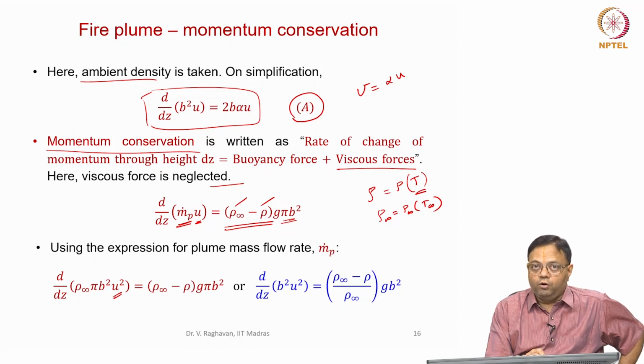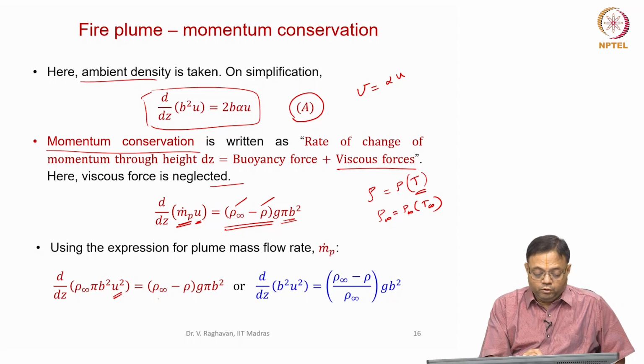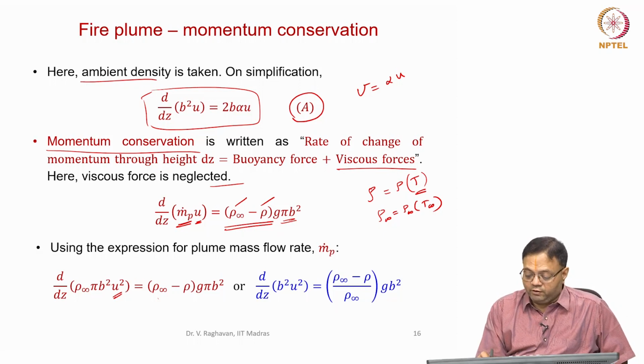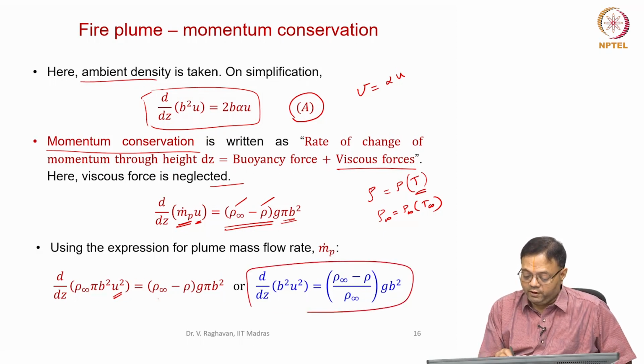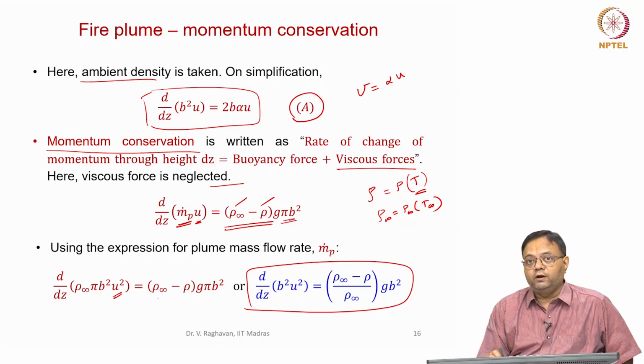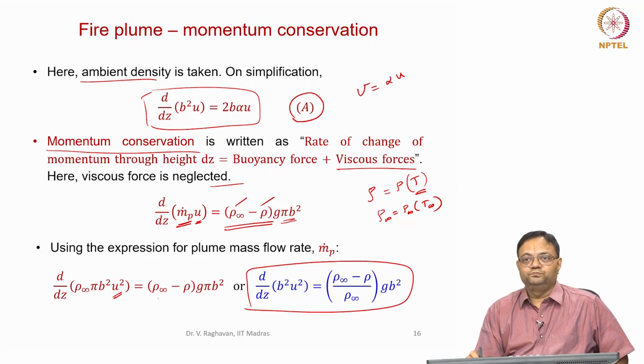Instead of rho, I write rho infinity. So rho infinity pi b square u square equal to the right hand side, where the same values come: rho infinity minus rho into g pi b square. Now rho infinity is constant, so I take it to the other side. Pi cancels, so this is the equation for me: d by dz of b square u square equal to rho infinity minus rho by rho infinity into g b square.